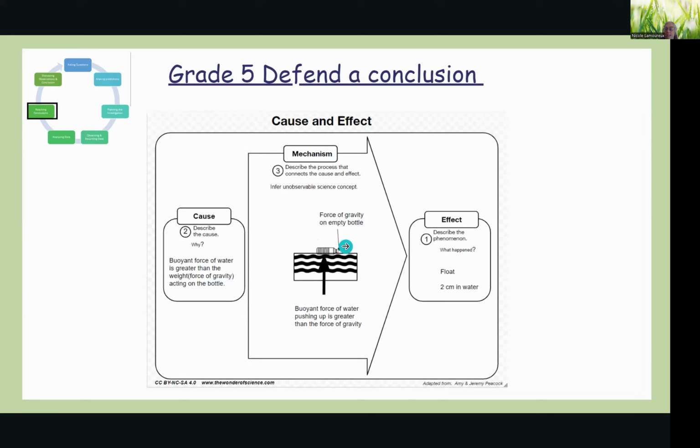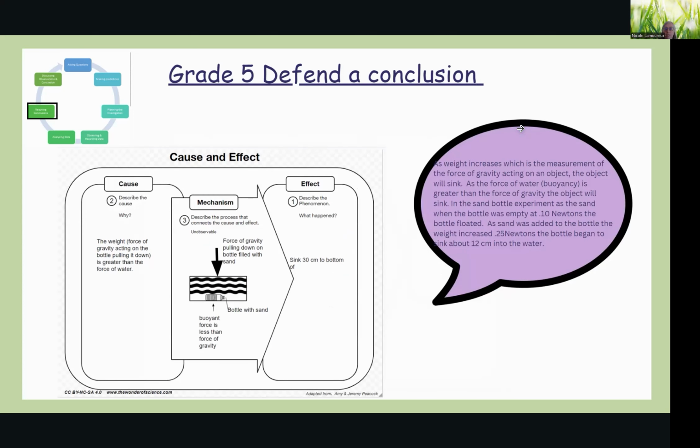So they can use arrows, and you can see the thickness of the arrow showing the buoyant force of water is greater than the force of gravity acting on the empty bottle, right? Inversely, when the force of gravity is greater than the buoyant force of water, it's going to sink, right? So then they can talk about that and generalize that out. So it really helps them. And in grade 6, this would help with preparing for a scientific explanation.